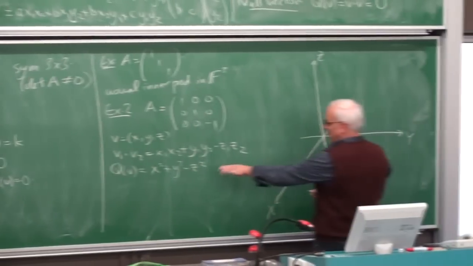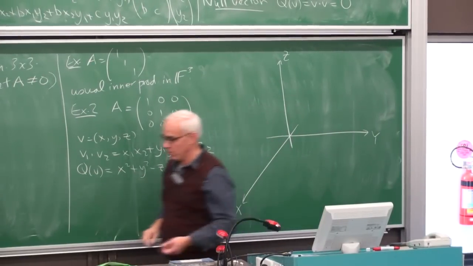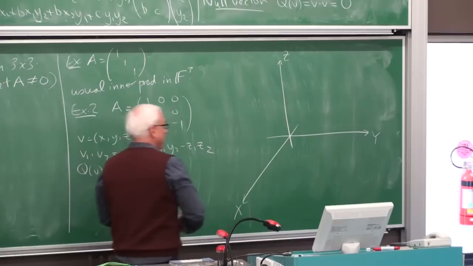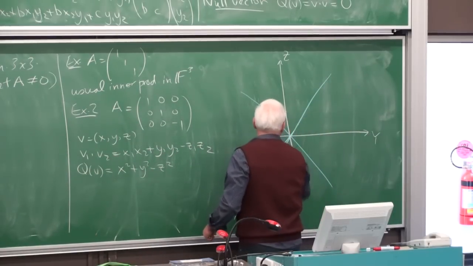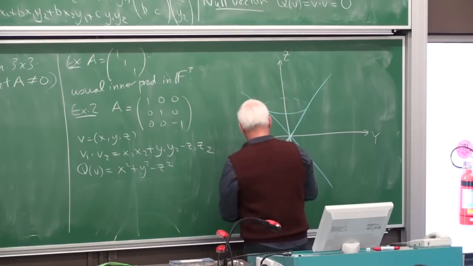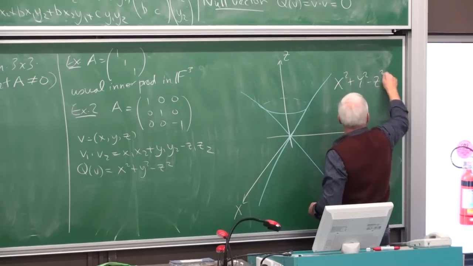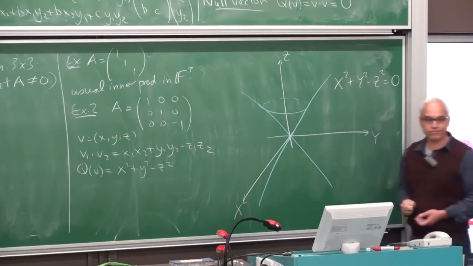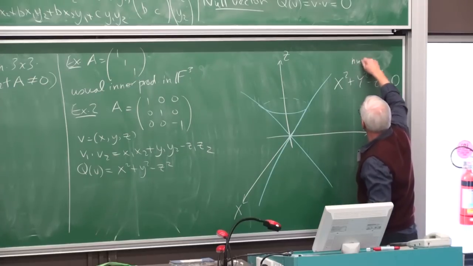So the primary object of interest is the null vectors, and maybe I will write them in blue. These are the vectors such that x squared plus y squared minus z squared equals 0. Physicists would call that the null cone.